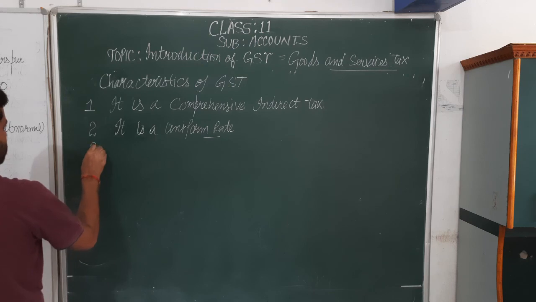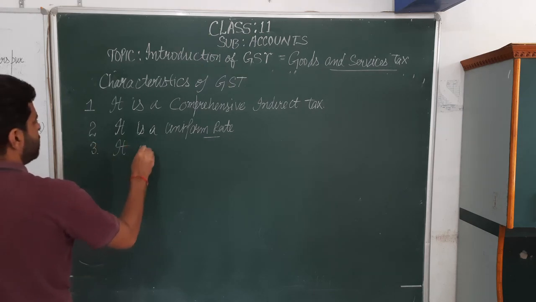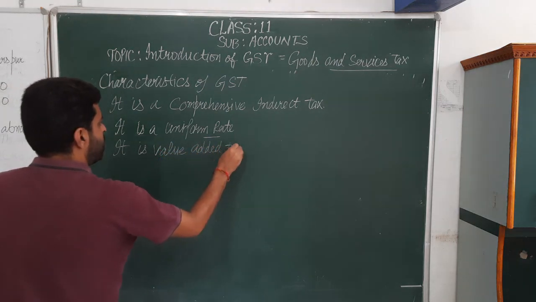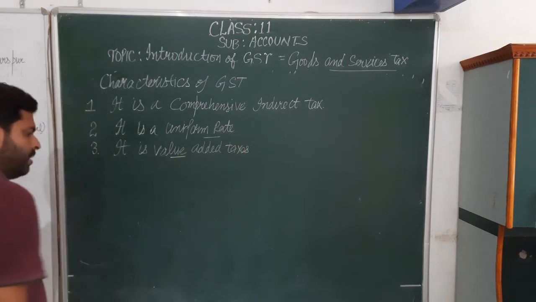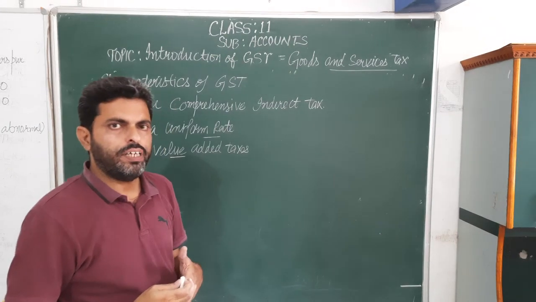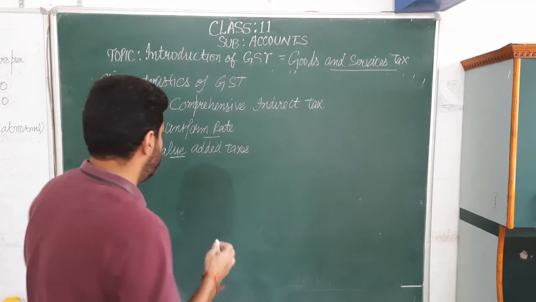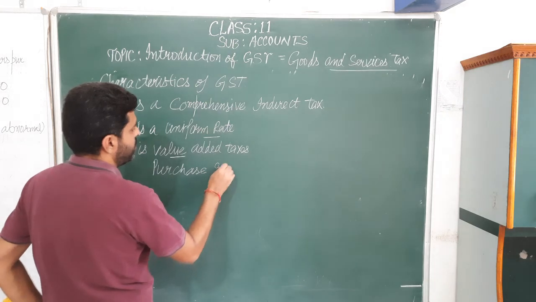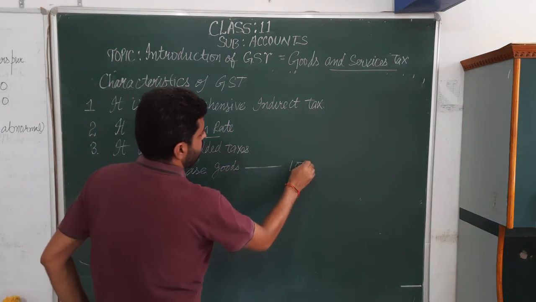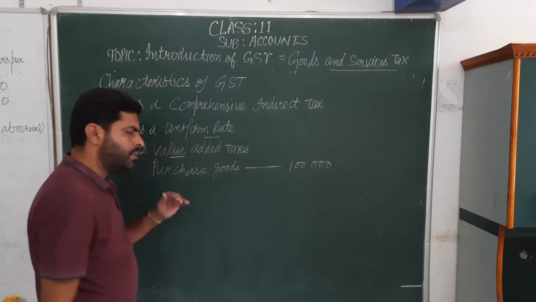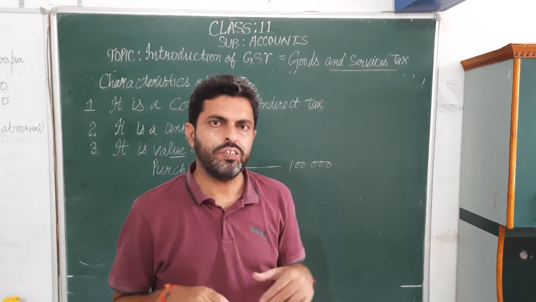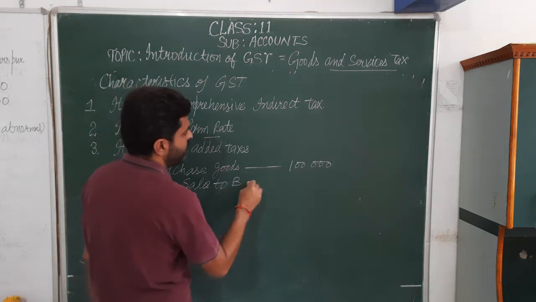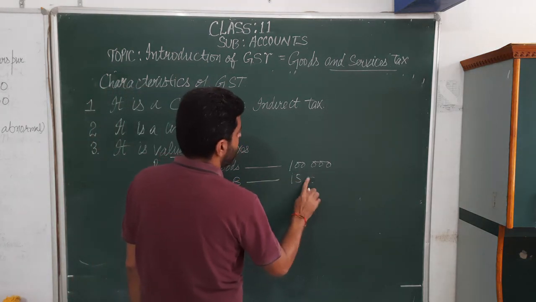Third, it is a value added tax. Value added tax means, suppose A purchases goods from Rajasthan for rupees 1 lakh and sells the same goods to B for rupees 1,50,000.